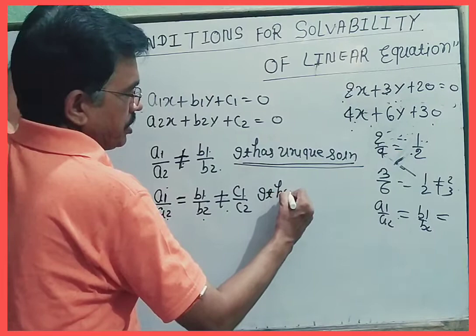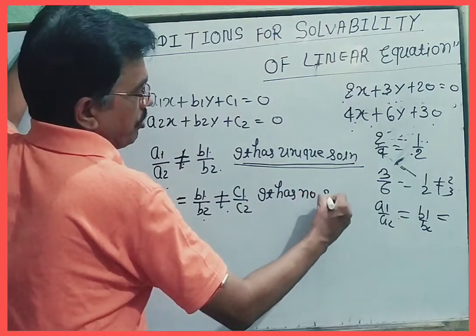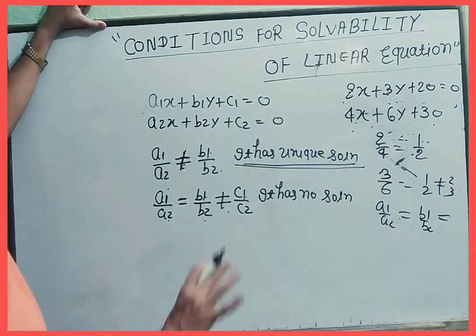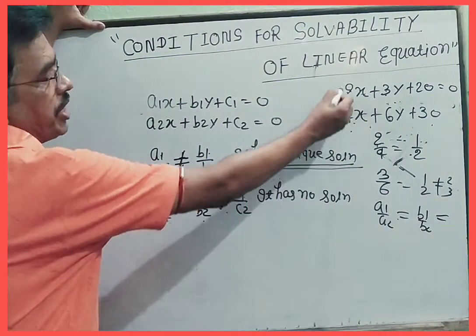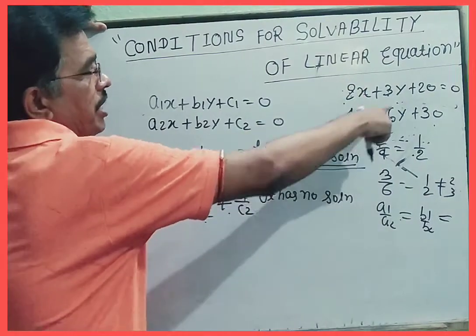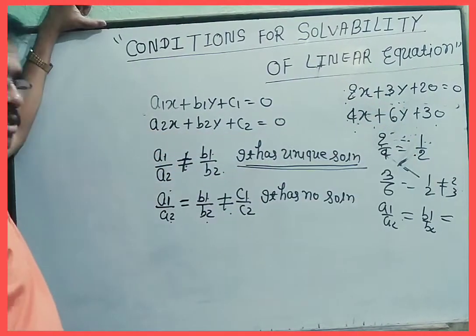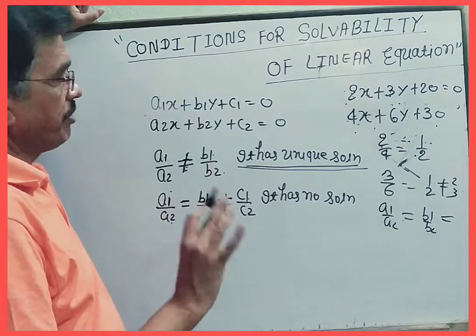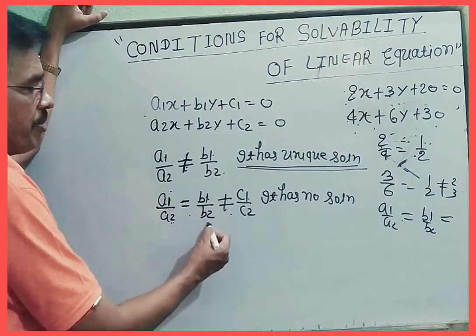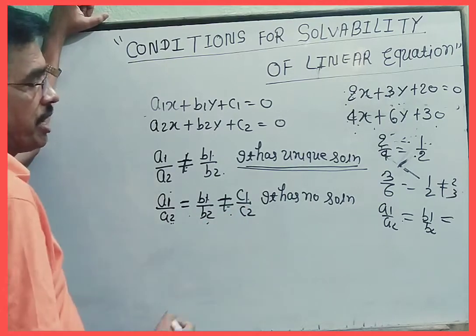It has no solution, and we cannot find the values of x and y from these equations, because when you multiply by 2, x cancels and y also cancels. So we cannot find x and y when a1 by a2 is equal to b1 by b2 and not equal to c1 by c2.